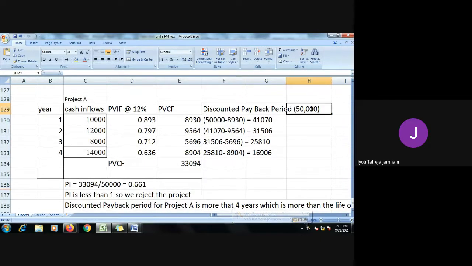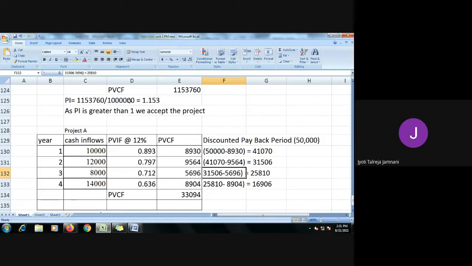Whatever is our investment, from that minus the first year cash flow, present value cash flow, you will get the remaining balance. From the balance minus the second year, similarly balance minus the third year and fourth year. Any doubts with project A? Anybody let me know.